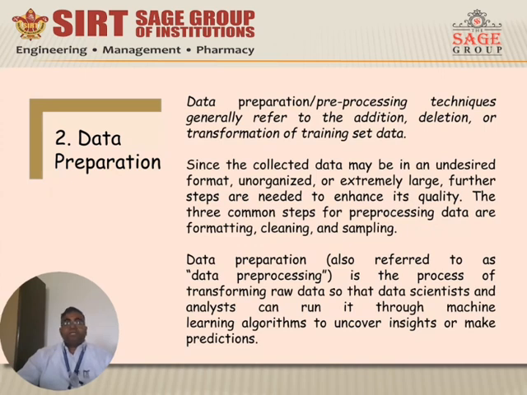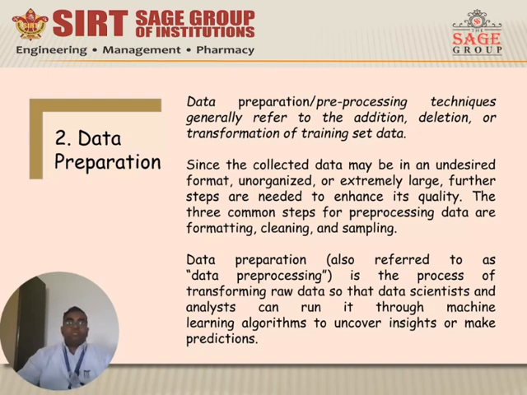Next is data preparation. Once you get the data, you have to pre-process it. Pre-processing means we add, delete, or transform the training data set into a normalized form. Since the collected data may be in an undesired format, unorganized, or extremely large, further steps are needed to enhance its quality.